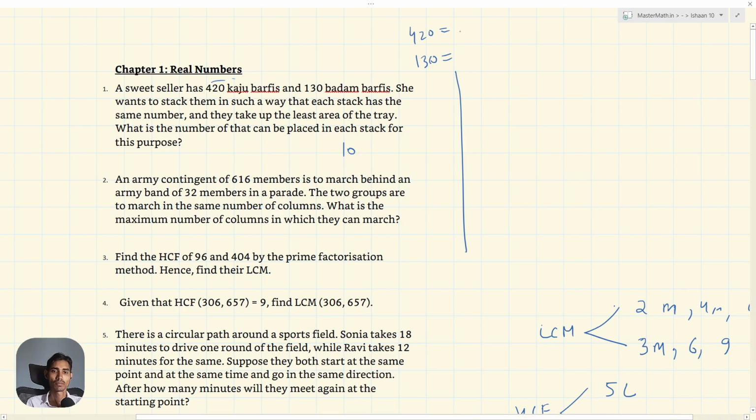For 420, I got 2 square into 3 into 5 into 7, and for 130, I got 2 into 5 into 13. So what is the least power? 2 into 5 into 13 raised to 0 and 7 raised to 0, which is equal to 10.